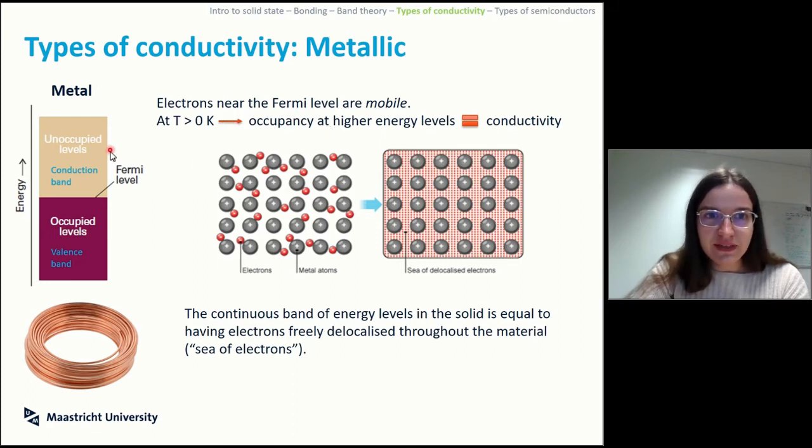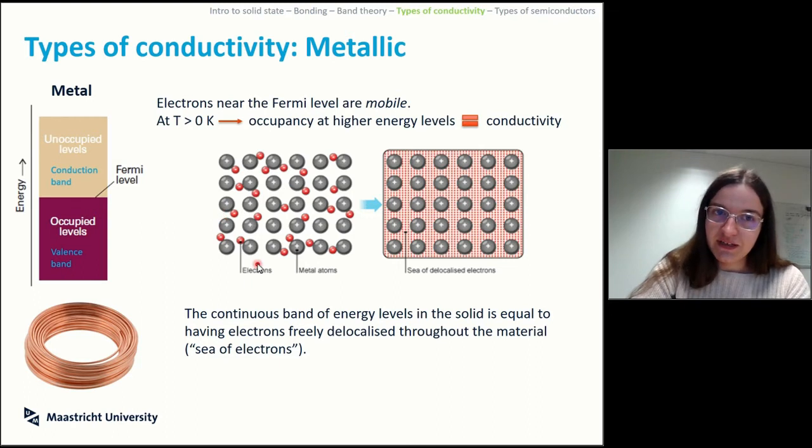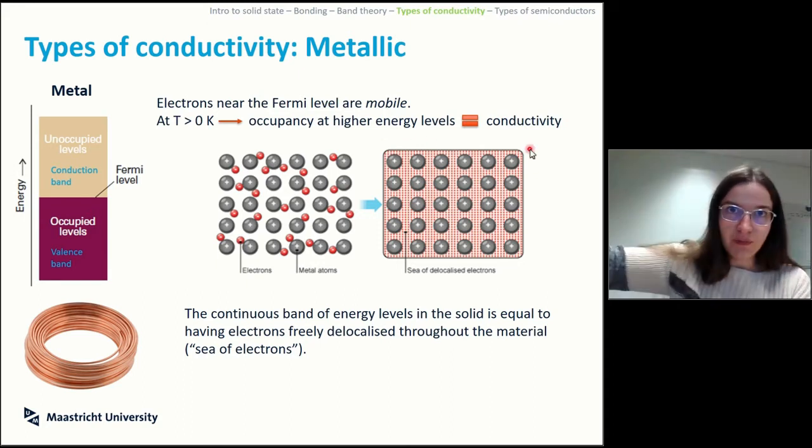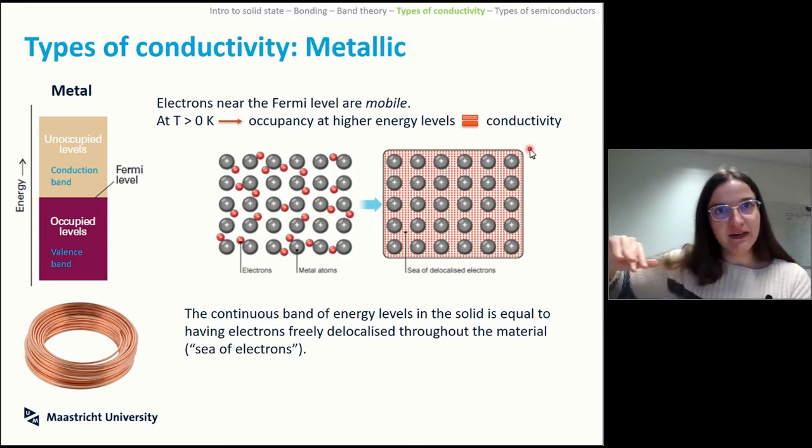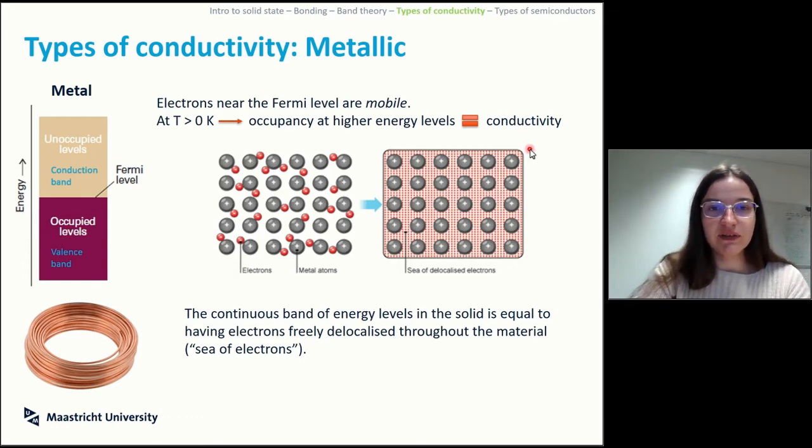Because the way you describe the bonding in a structure that is interacting is by counting all the atoms of all of these things together, and making a band out of them. Most of the lower levels will be occupied with thermal energy above 0 Kelvin. You will find yourself with an unoccupied level that spans the whole material, in which your electrons can actually twinkle around and move around.